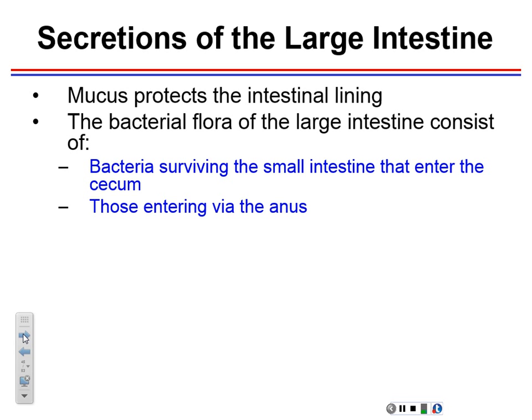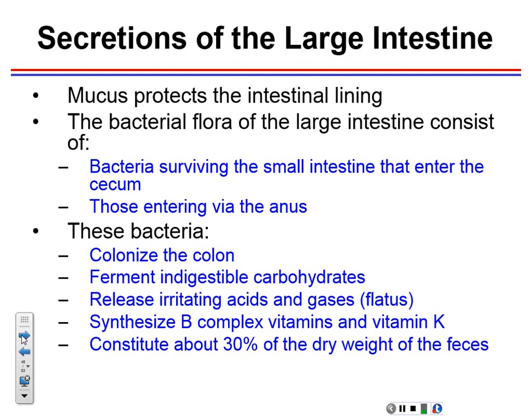Of course some bacteria will enter through the anus, but most of them are cultured in the cecum, and they colonize the colon, they ferment indigestible matter like cellulose, right? Cellulose is a carbohydrate plant material that we cannot digest because we don't have cellulase.